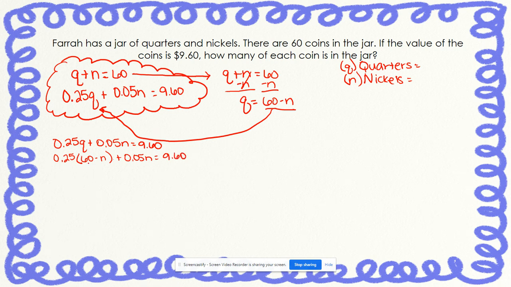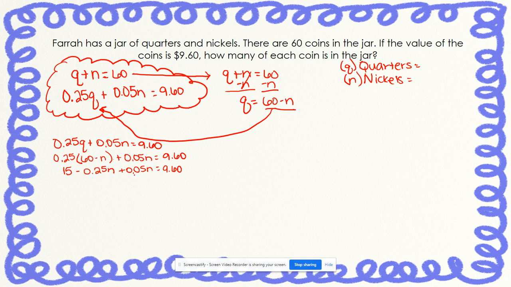I need to distribute my 0.25 to everything in this parentheses. So 0.25 times 60 gives me 15. 0.25 times negative 1N gives me negative 0.25N. And then I write the rest of the equation, so plus 0.05N equals 960.